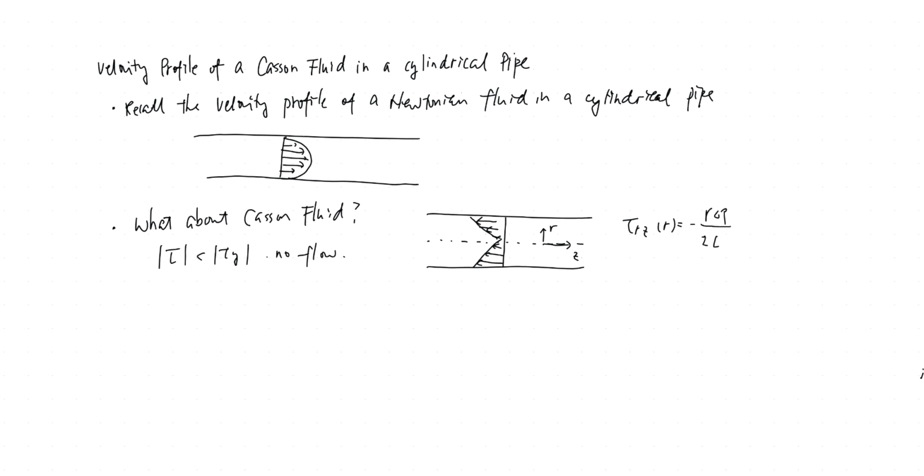Linear means it must be 0 at the center line. So we know that tau RZ at R equal to 0 is 0, which must be less than tau Y.